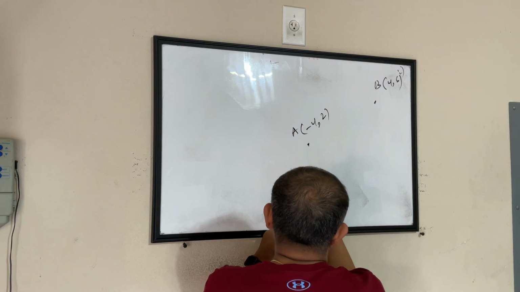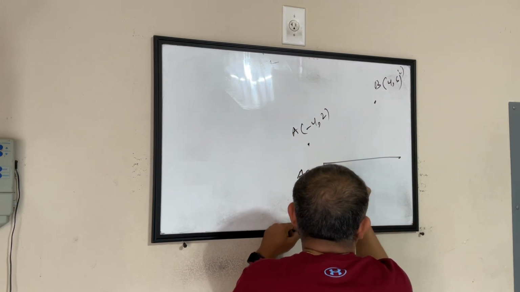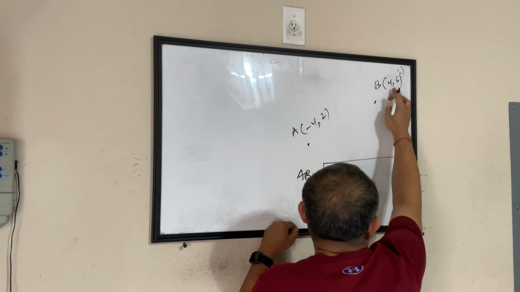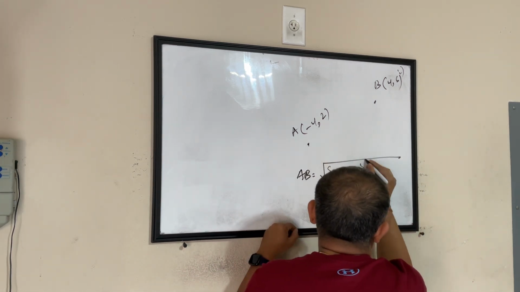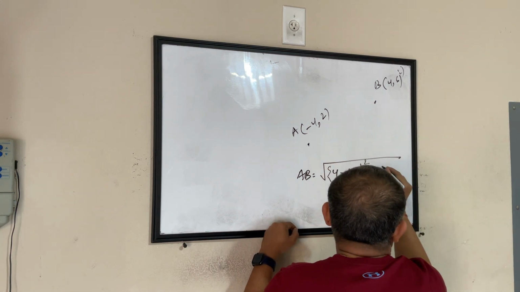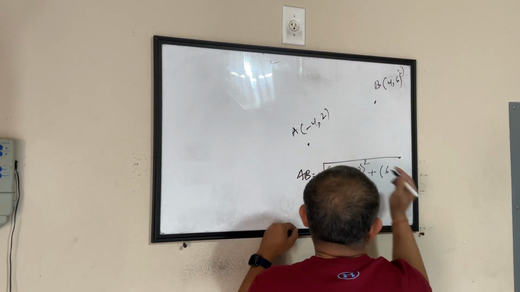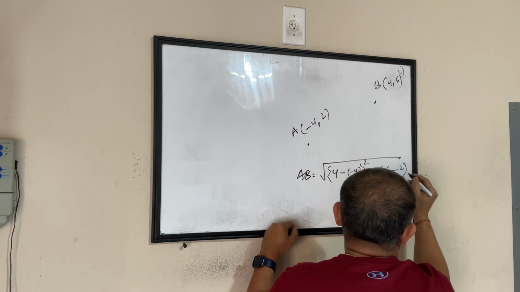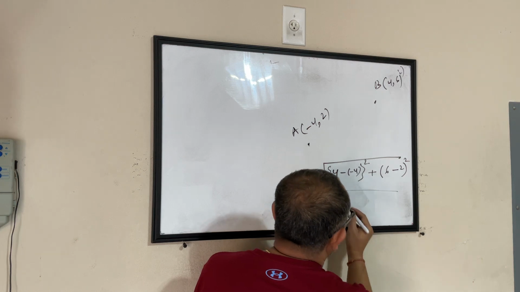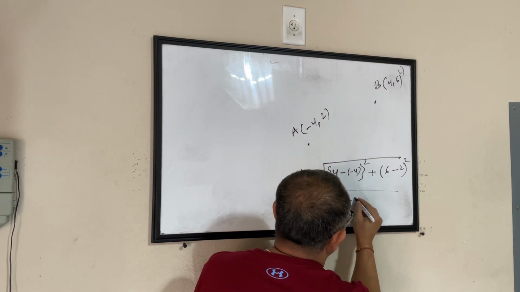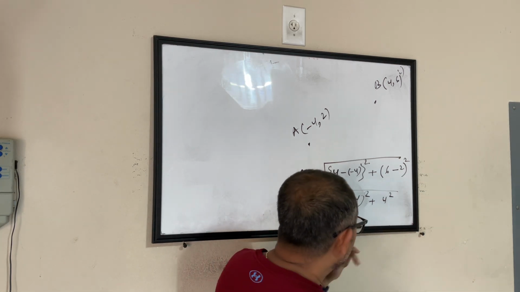I know the distance formula says: square root of second coordinate minus first coordinate, the x coordinate. So the second is 4 minus the first, minus 4, squared, plus the y coordinate of the second point, 6 minus 2, squared. So 4 minus (-4) is 4 plus 4, which is 8, squared, plus 6 minus 2, which is 4, squared. Okay, and you will find out the answer.